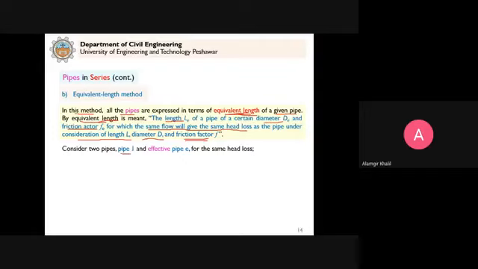One is pipe 1, and the second one is, let's say, the effective pipe E. For the same head loss, that will give us the same flow. So HL, the head loss for pipe 1, and for any effective pipe that we will consider, the head loss through that pipe, we represent by this Darcy-Weisbach equation.